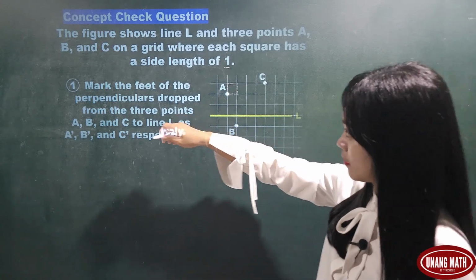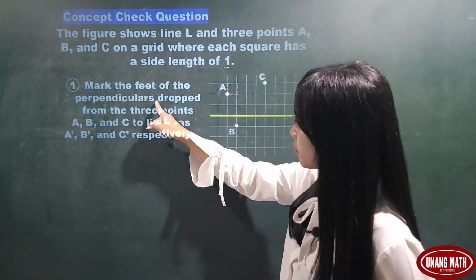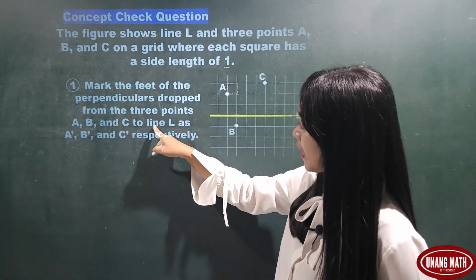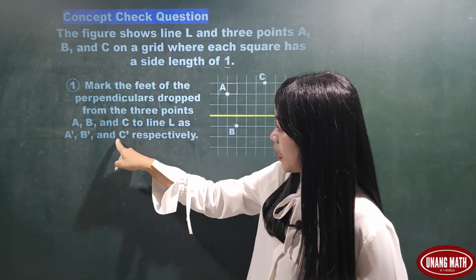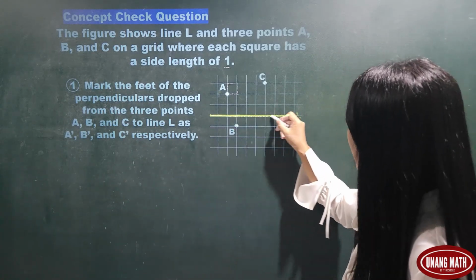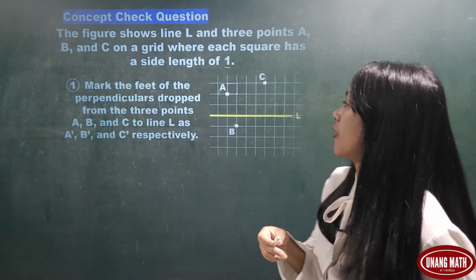First question is, mark the feet of the perpendiculars dropped from the 3 points A, B, and C to line L as A dash, B dash, and C dash respectively. So line L is here. We are going to mark the feet of perpendiculars.